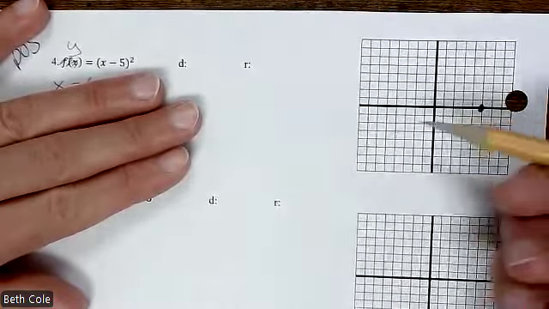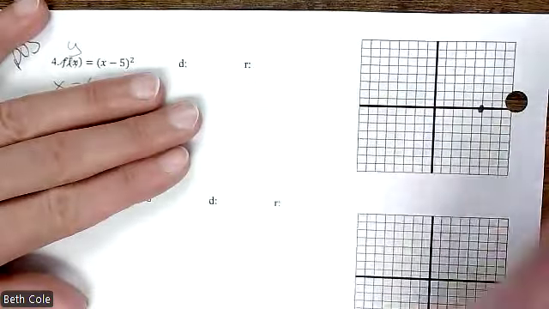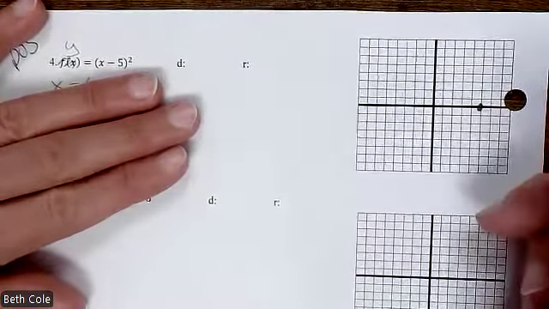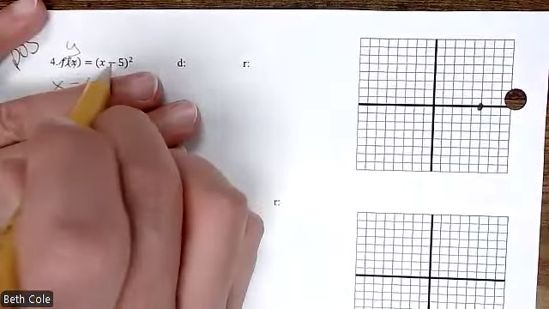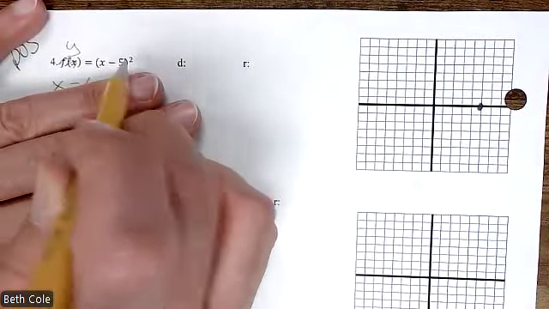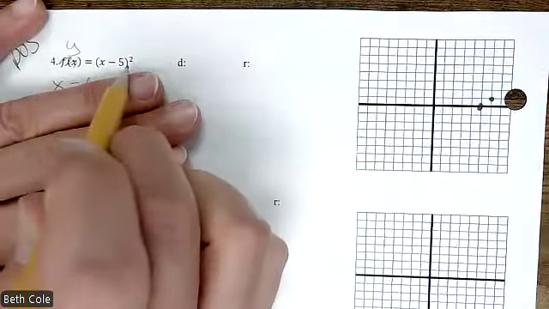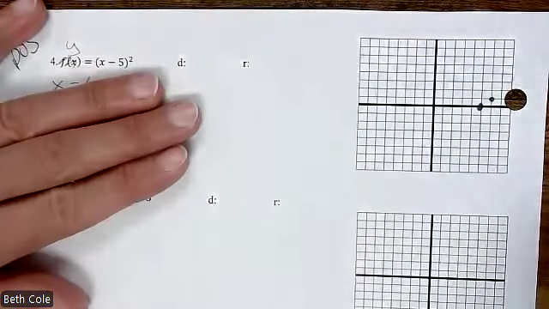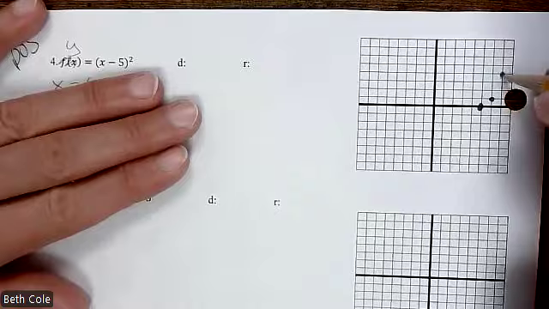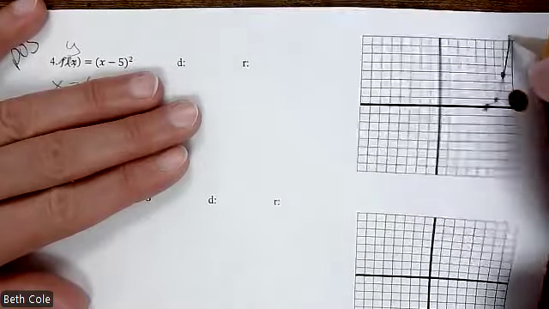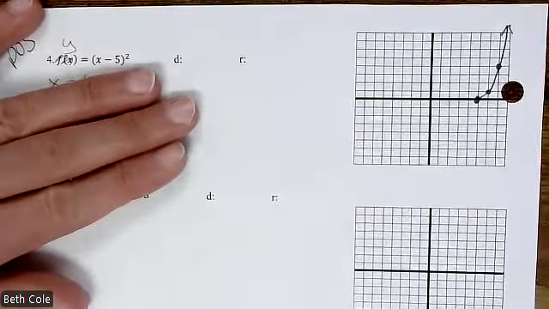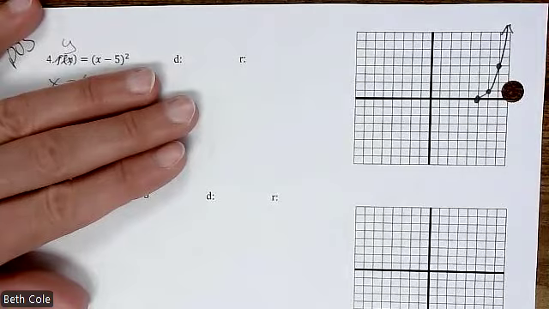So I don't want to plug in any numbers this way. I only want to plug in numbers to the right. So can you give me a number bigger than 5? 6. All right, let's plug in 6. 6 minus 5, 1 squared, 1. Good. Let's do one more. Let's plug in 7. 7 minus 5, 2 squared, 4. Good. Okay, thank you for coming. I wanted that to be nice and easy. So do you see how we only got half of a parabola? That's the idea. You chopped it in half.